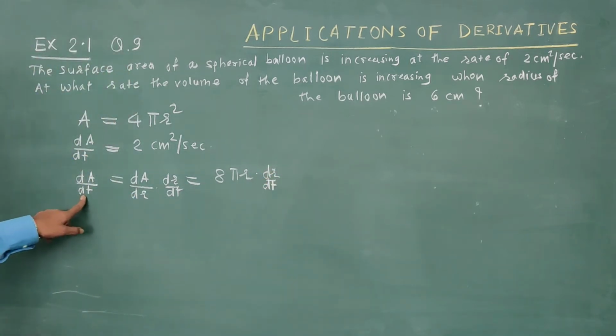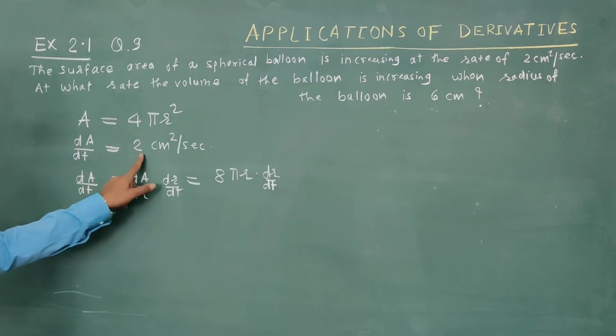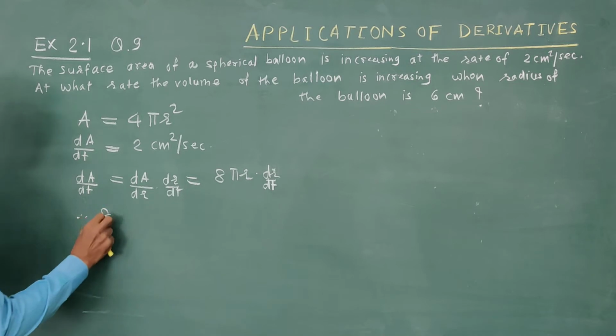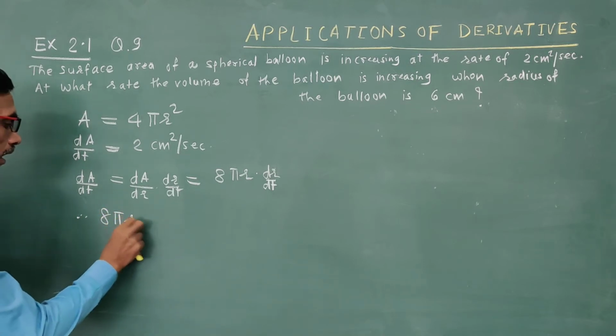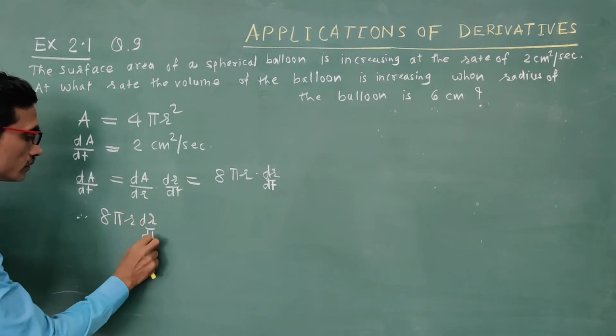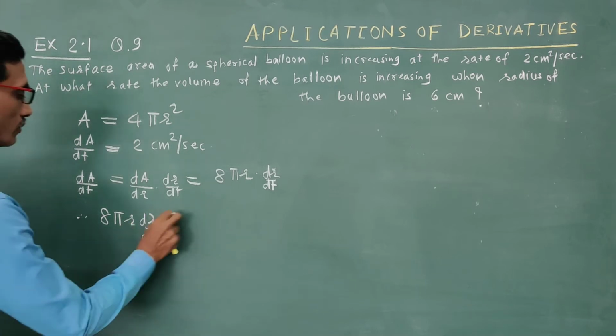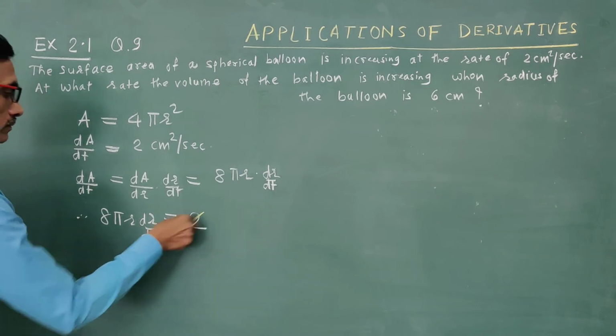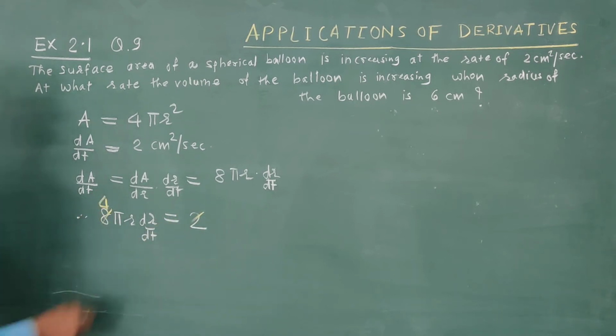Now here dA by dt is given, that is 2 centimeters square per second. So therefore 8 pi r into dr by dt is equal to 2. Now this 2 is getting cancelled over here, it is 4.